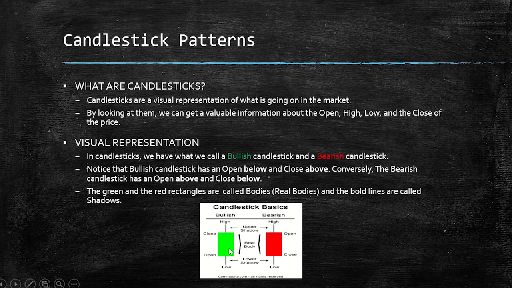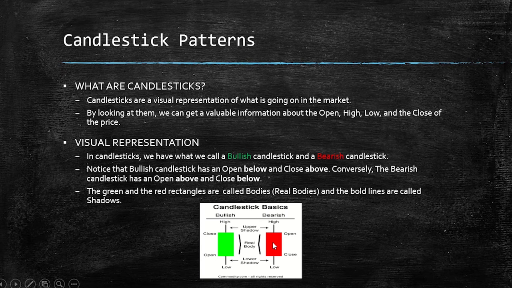Looking at the picture there, you can see that we have this green candlestick and this red candlestick. This green candlestick is what we call the bullish candlestick. How do we see it? Because you can see the open that I've talked about is at the low and the close is above the open. And this is a bearish candlestick because the open is at the top and the close is below.